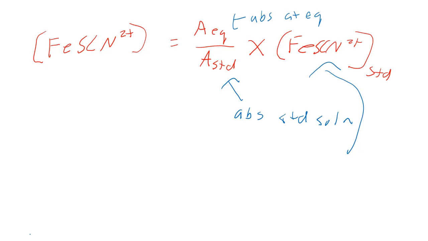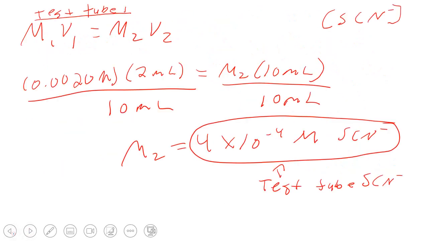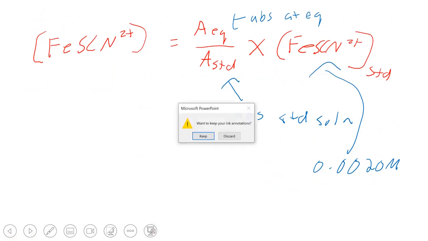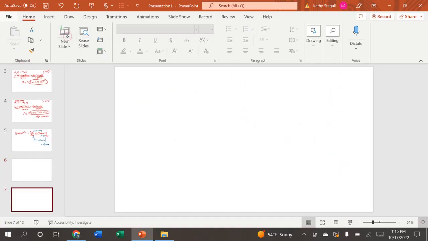So if you go through and do the calculations, FeSCN2+ comes out to be 0.0020 molar. So you're going to do that calculation, and then let me add another slide in here. Actually, let's go ahead and add a couple more just in case.